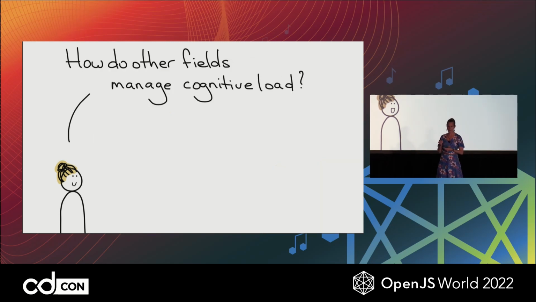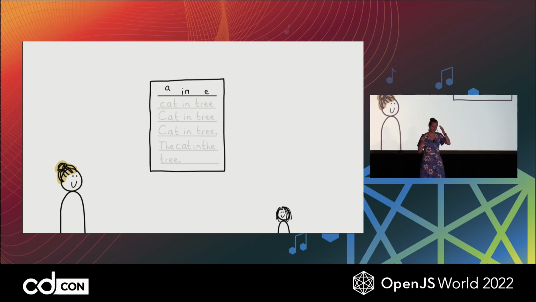So I got so interested because I thought, well, we as humanity, we succeed in teaching children math, all children. We succeed in teaching children language, all children, not just the ones that are really motivated. So I was like, okay, how do other fields manage cognitive load? How do we do this? And one of the things that was so interesting looking into language education is that in learning to write, there are so many different ways to get it correctly, right?